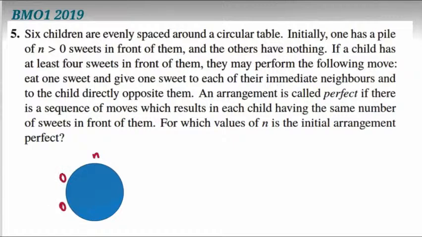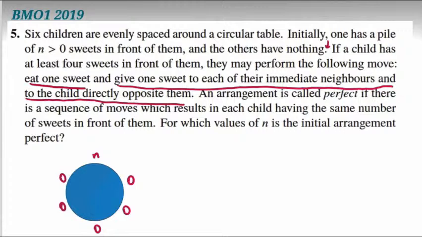It will be this, up to here. It says if a child has at least 4 sweets in front of them, they may perform the following move: eat 1 sweet and give 1 sweet to each of their immediate neighbors and to the child directly opposite them.